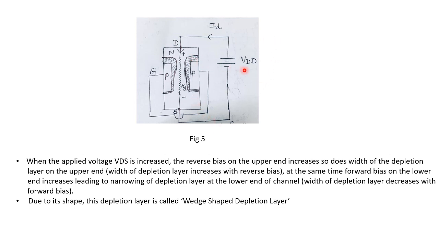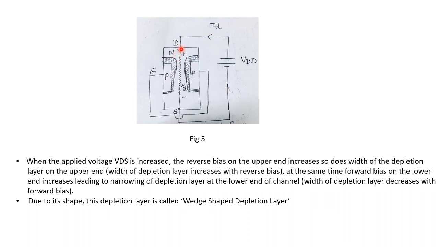In the last slide, we discussed how the gate and source junction is reverse biased in a junction field effect transistor. Now we will discuss how a voltage is applied between the source and drain of a junction field effect transistor.